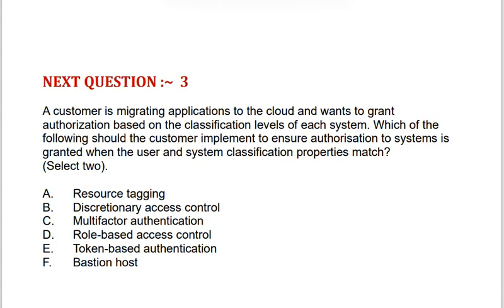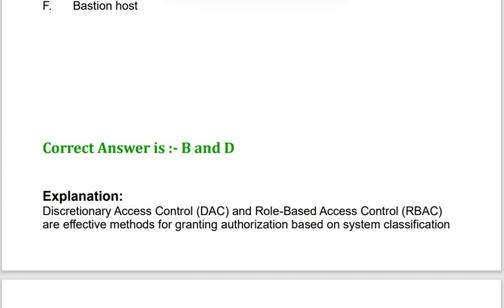Option A, resource tagging. Option B, discretionary access control. Option C, multi-factor authentication. Option D, role-based access control. Option E, token-based authentication. Option F, bastion host. Correct answer is option B and option D.